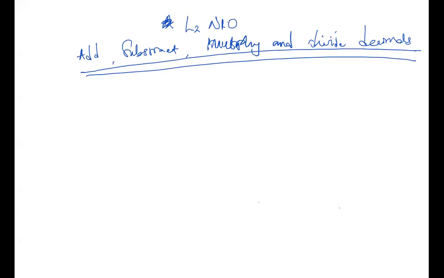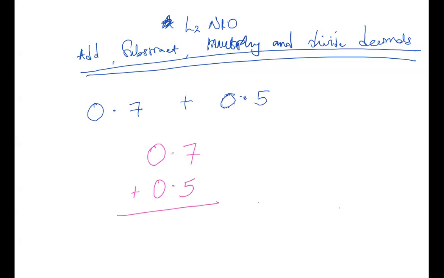So if you have 0.7 plus 0.5, it's just the same thing as normal addition. You put 0.7 on top, then 0.5, and you add them. 5 plus 7 gives you 12, you put 2 there.